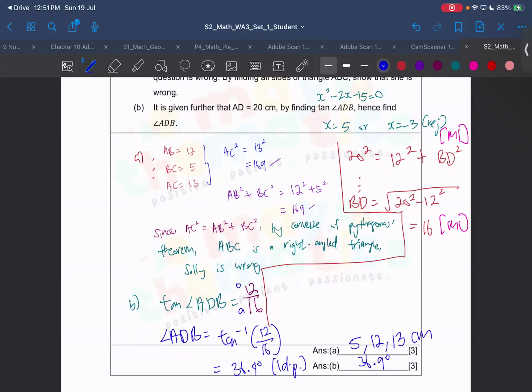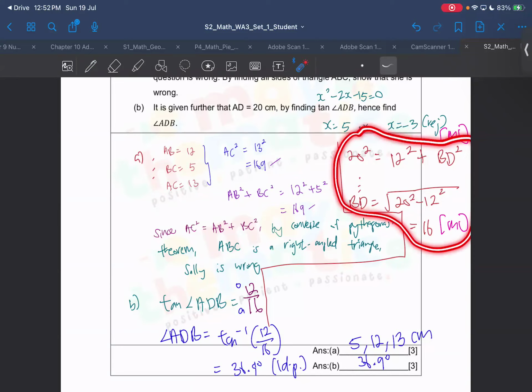You all can try question 6. Question 6 is considered the harder type of proportion question. Okay, you all can try. We go through before already. Before that, we need to find BD. So over here also, you can write that first.